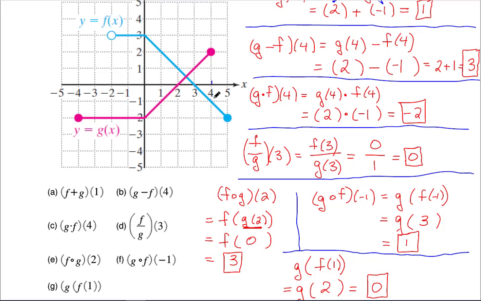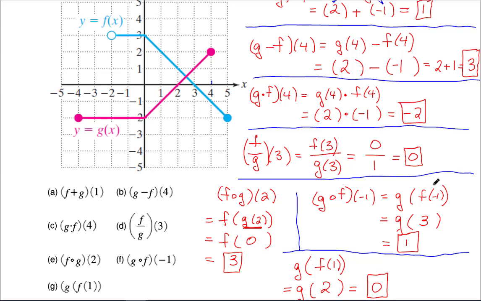All right, so f of 3, come here to 3. Now f is right there too. So you go back to the y-axis and that's 0. So f of 3 is 0. g of 3 gives me an output of 1, and 0 divided by 1 is 0.